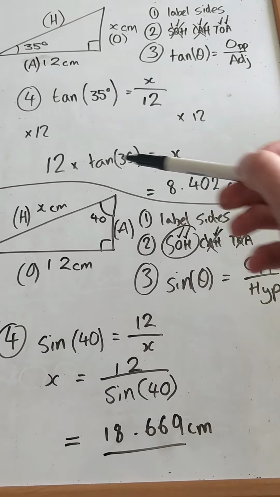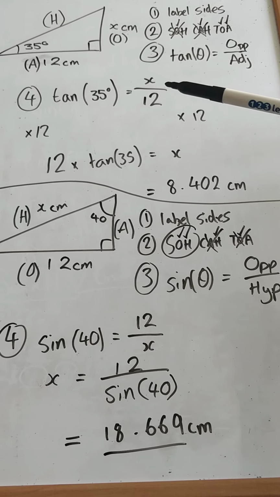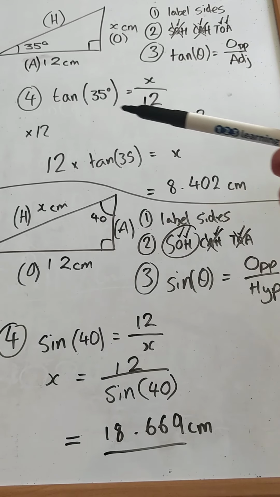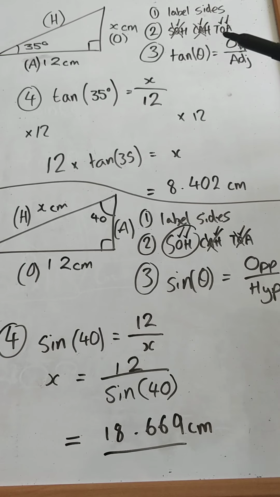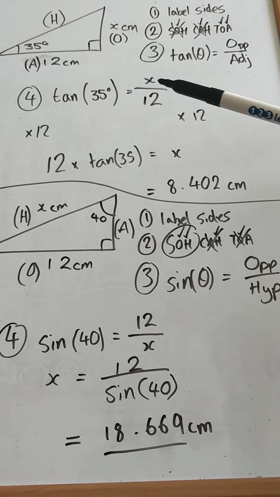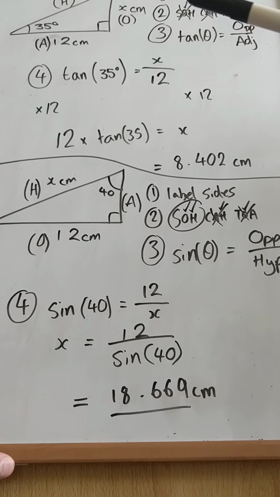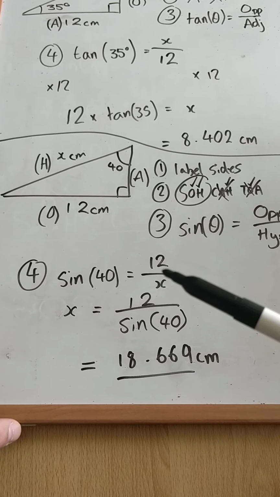So this top one is an example of what to do when the x is on the top. That's using the tan ratio, but it would be the same for sine, cos, or tan, if what you're trying to find is at the top. Whereas this one down here is what you do when the x appears on the bottom.